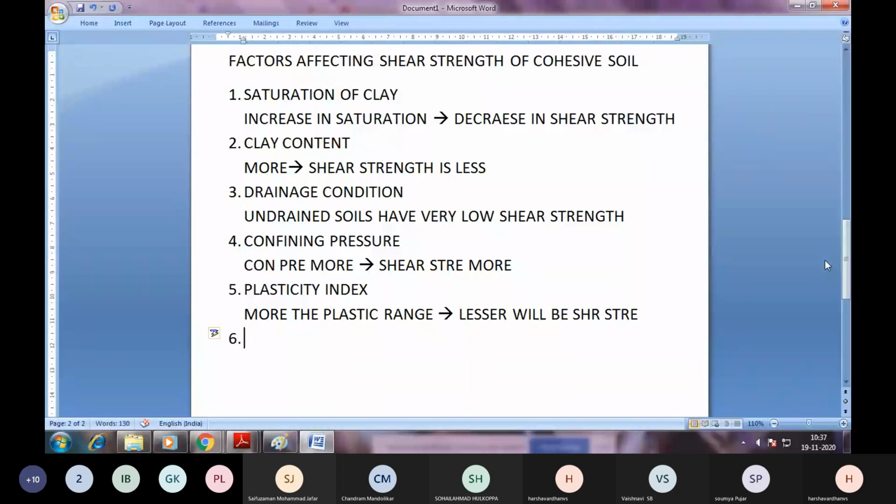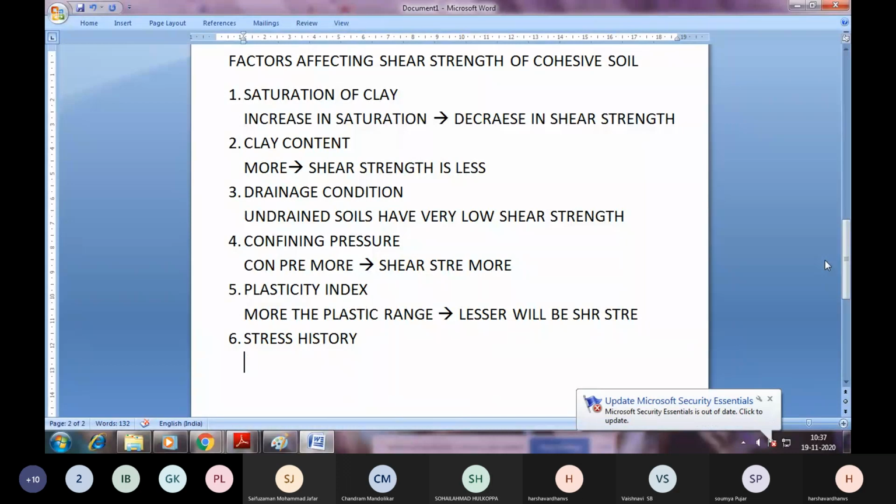The last factor affecting the shear strength of cohesive soil is stress history. We'll come across this in the next module. Stress history means the shear strength of the clay depends on whether the clay is normally consolidated, under consolidated, or over consolidated.